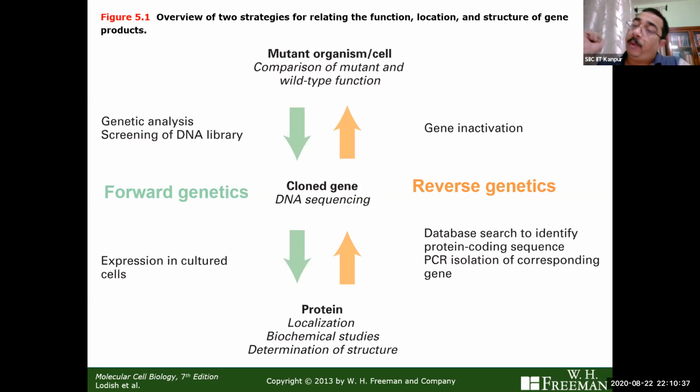Sometimes it happens the other way around. Like if you take the example of glucose metabolism, biochemists figured out that there is an enzyme that adds a phosphate group to glucose and converts glucose to glucose 1-phosphate or glucose 6-phosphate, and they call it hexokinase, right?